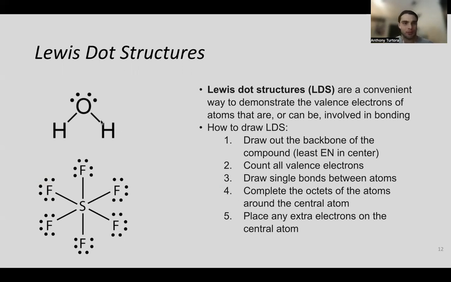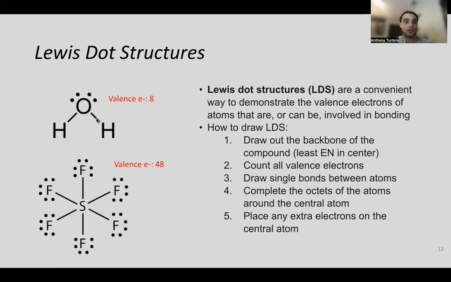So here we see in water and in SF6 that we have our hydrogens on the ends, and we have our fluorines on the ends as well. And then next we are going to count all the valence electrons. For water, we are going to have 8.